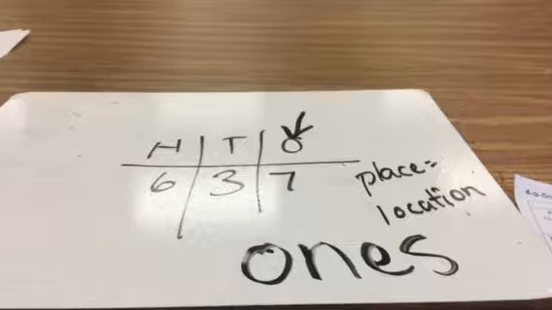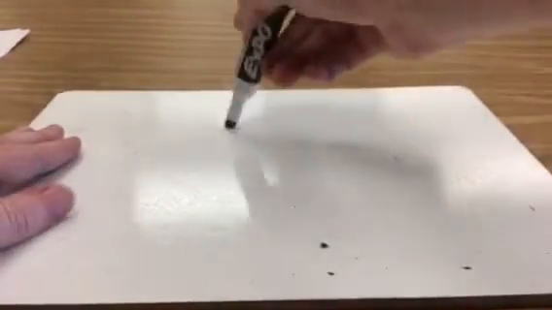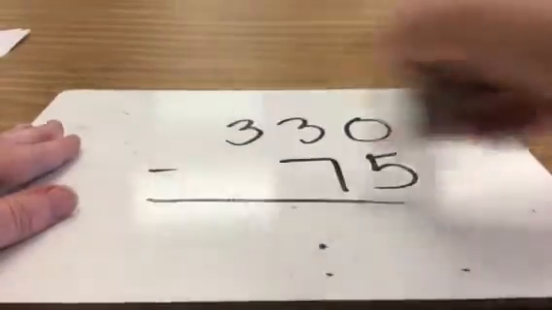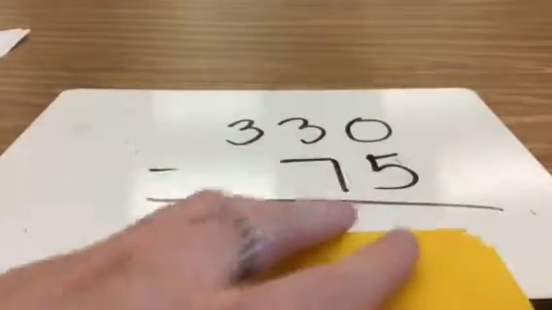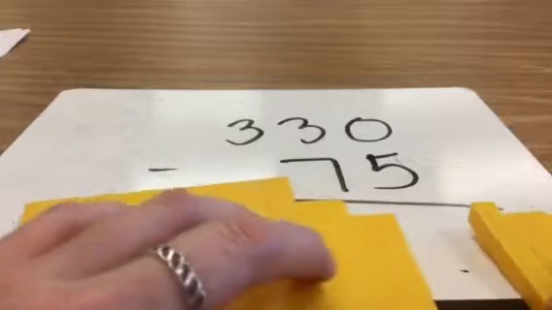Okay, number 2 is 330 minus 75. So I'm going to do the blocks while we do the problem. All right, here's my 330. I'm trying to put it so that we can see a little bit of both, because we have to do both.